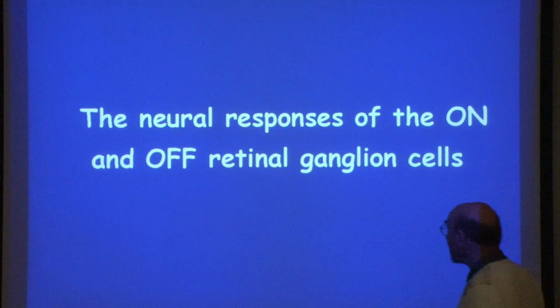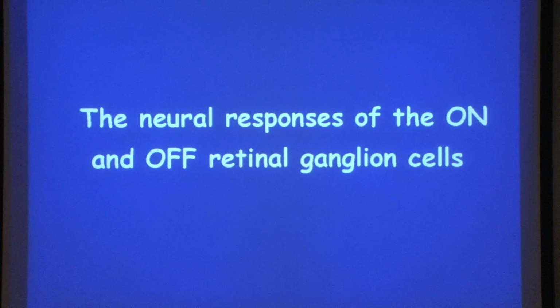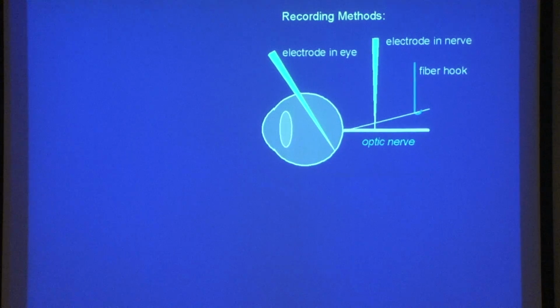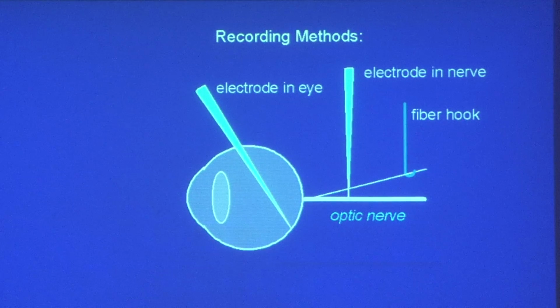All right, so now let me first of all talk about the neuronal responses of the on and off retinal ganglion cells. First of all, if you remember, I told you that back in the 19th century, Keffer-Hartline was the first to record from single neurons by dissecting single fibers in the optic nerve.